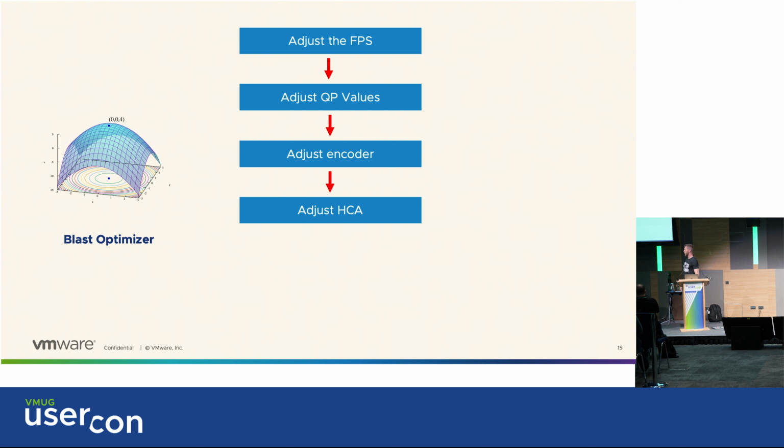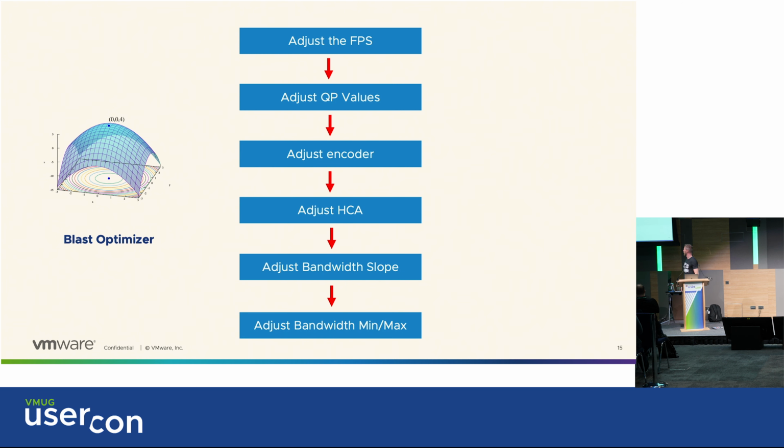I'm going to adjust high color accuracy. So if I have the possibility and enough bandwidth and enough juice to use it, I'll use it. And I'm going to adjust the bandwidth slope, especially in case of high fidelity use cases. Then I'm going to adjust the high bandwidth.